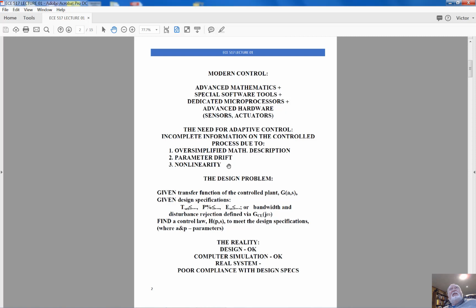What does nonlinearity have to do with incomplete information? The thing is, our control approaches utilize linearization. We normally linearize control system performance within a very narrow range, around the vicinity of the point of operation. The system stays in the vicinity of the operational point because of the control system.